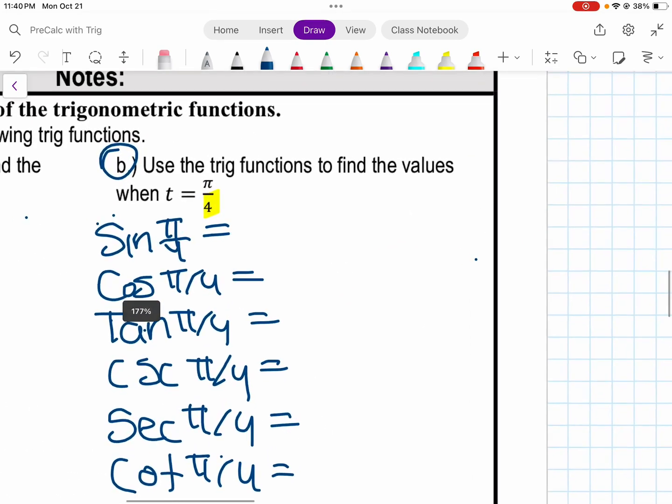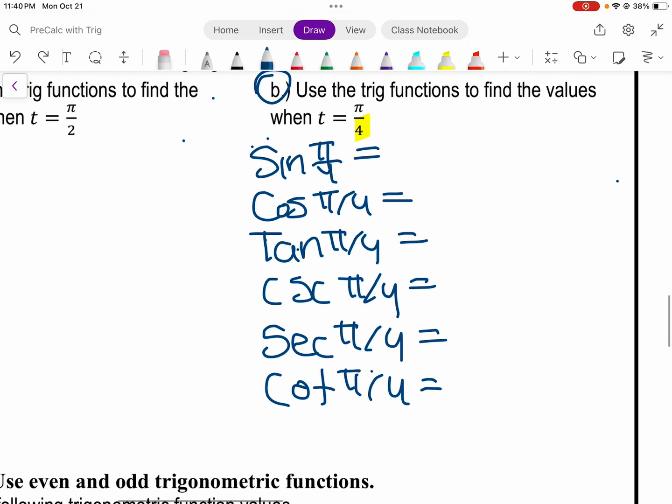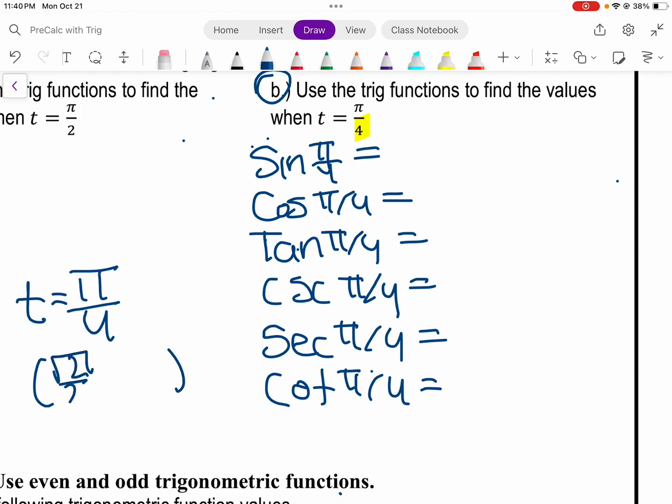Well, I already know that any angle with pi over 4 or something over 4, the point at that angle is always going to be radical 2 over 2.